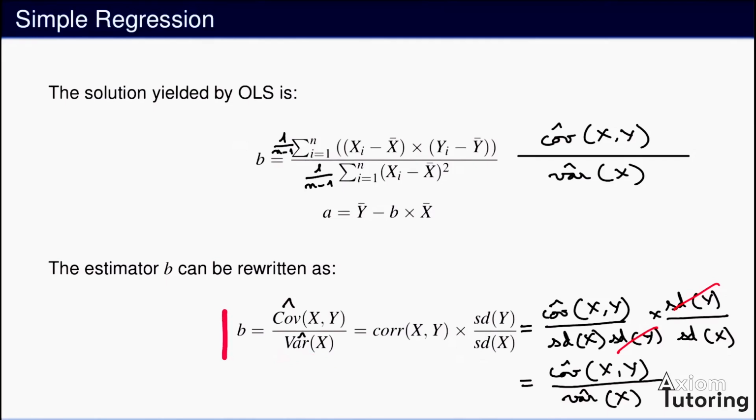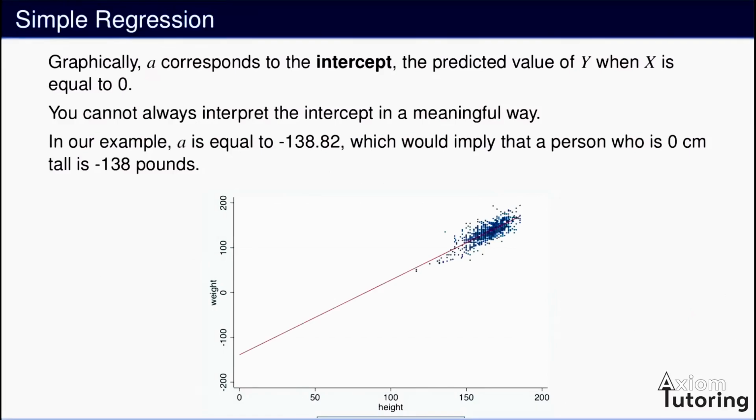Okay, so this is a formula you can learn as it's quite helpful to understand the relationship between the correlation and the estimator for the OLS slope. So graphically, A corresponds to the intercept, which is the predicted value of y when x is equal to 0.